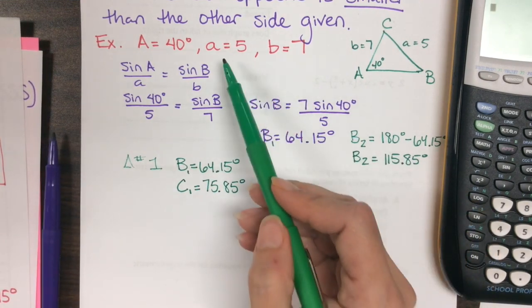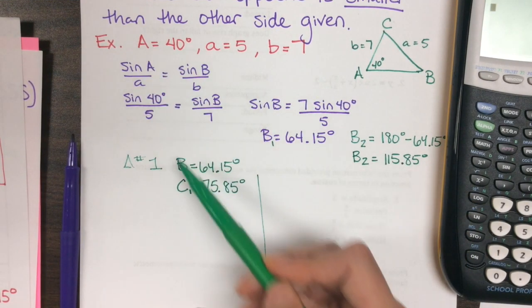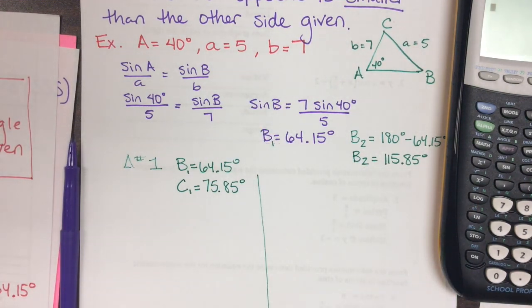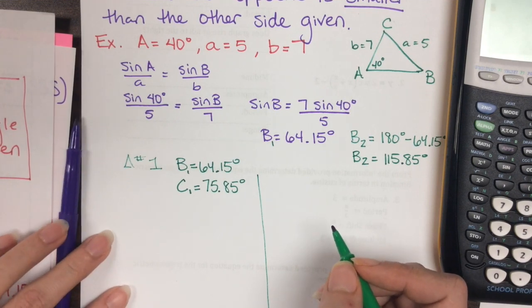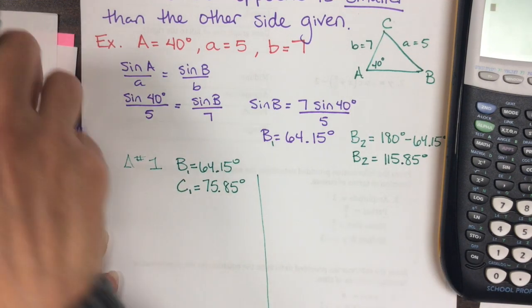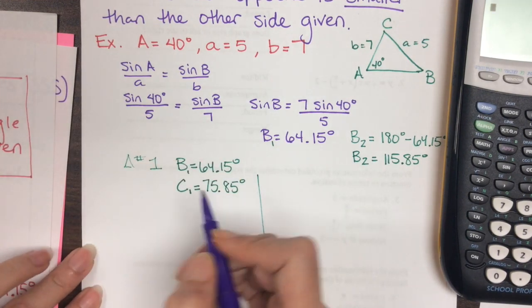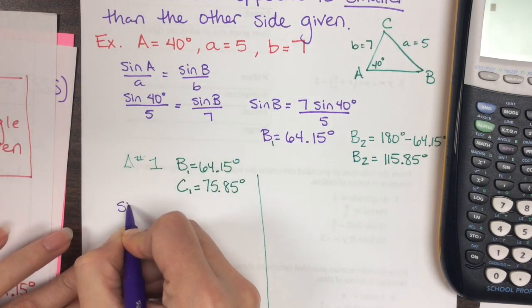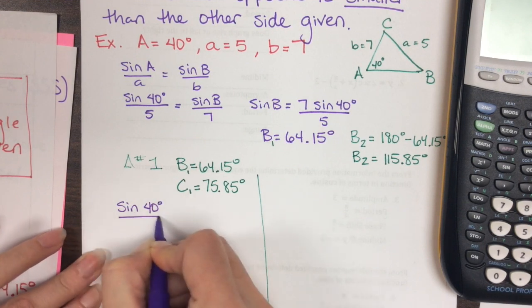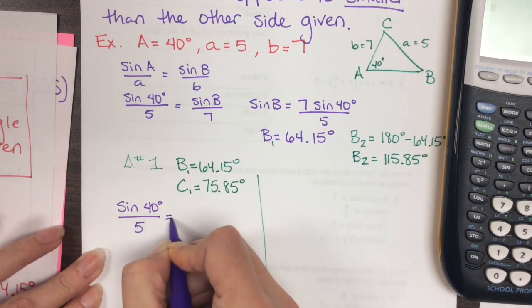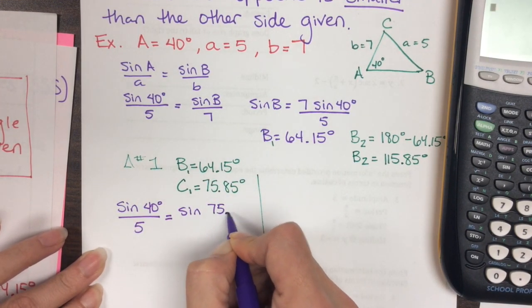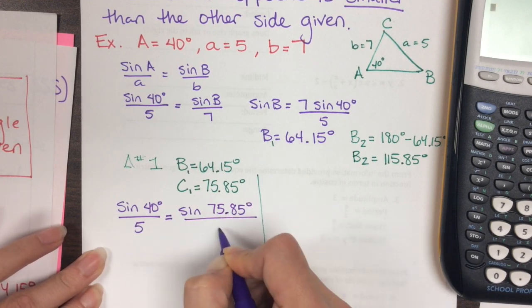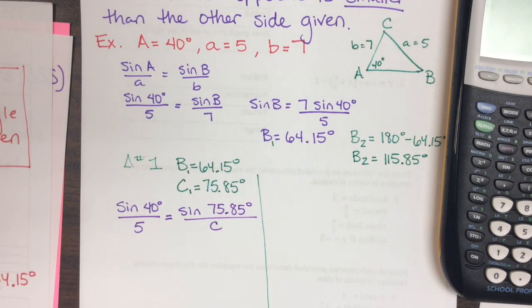Now, we have side A, side B, and we have all three angles. We just need to find side C. So let's use the law of sines again, and this time we're going to go back to angle A. I like to start with what's given. So sine of 40 degrees over 5 equals sine of angle C, 75.85 degrees, over side C. All right, let's cross multiply and divide.